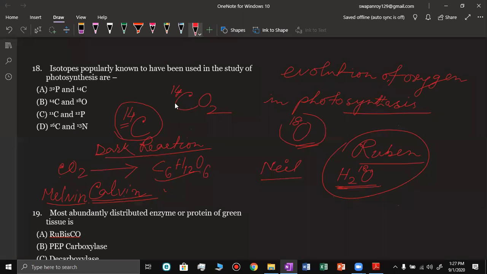So our answer will be option B, where carbon 14 and oxygen 18. These are the two heavy isotopes of elements that were used in the experiments of photosynthesis.